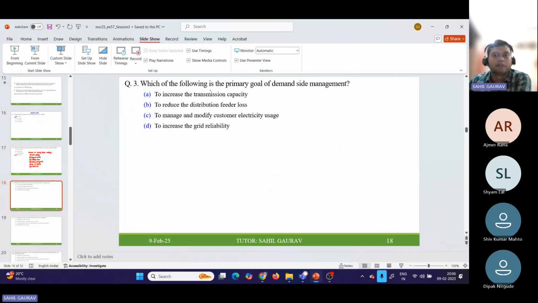For the primary goal of demand side management, first is to increase the transmission capacity. No, there is nothing related to the transmission capacity. To reduce the distribution feeder loss, we are not reducing the distribution feeder loss. To manage and modify customer electricity usage, yes, that comes under the goal of demand side management. So C option is correct. And the last, to increase the grid reliability, is also incorrect.